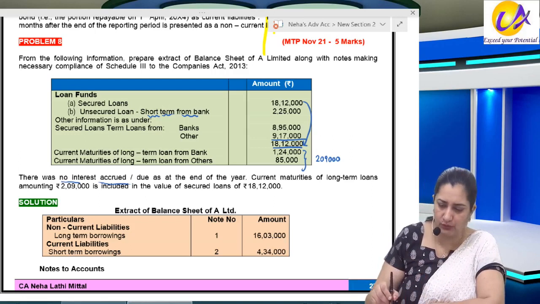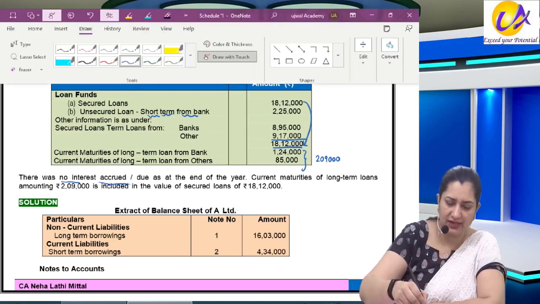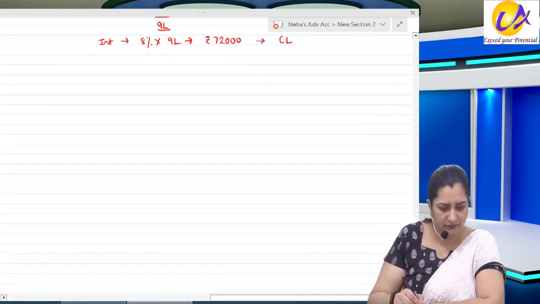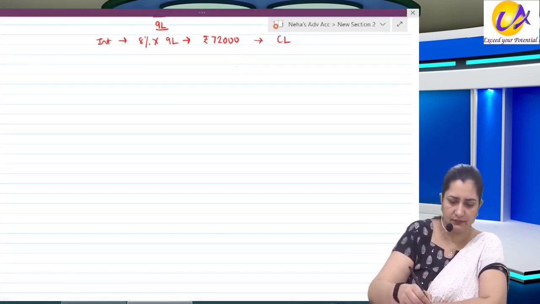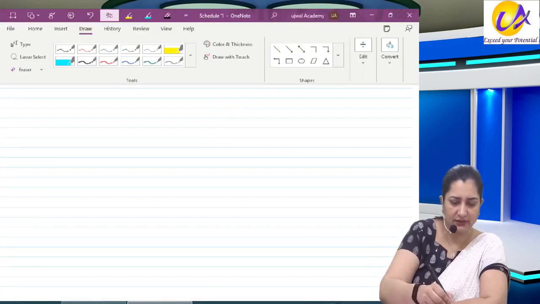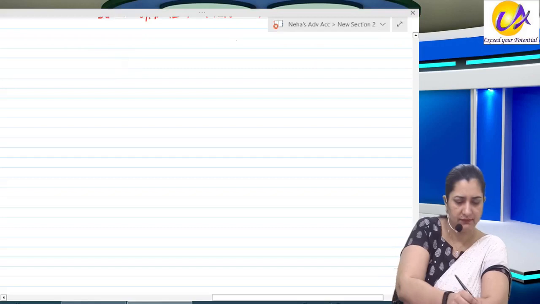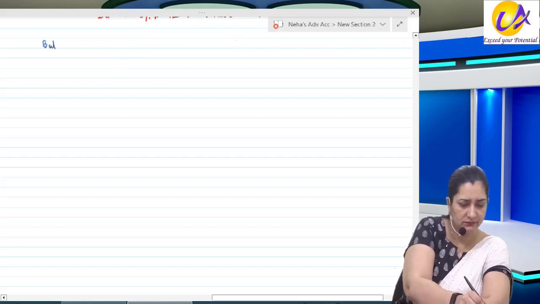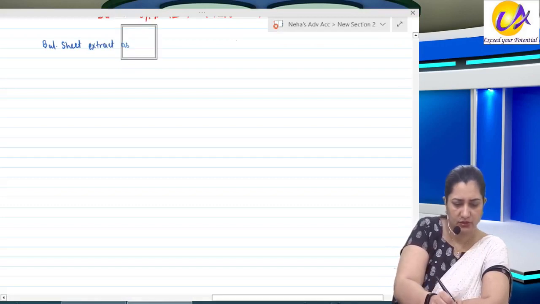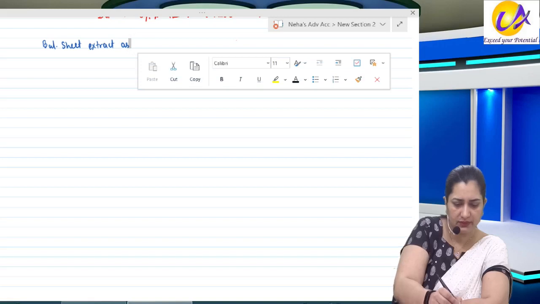Write down in your notebook, balance sheet extract. As on, the date is not given.